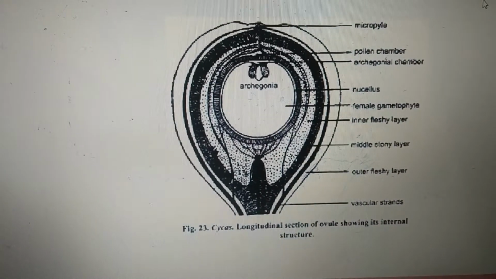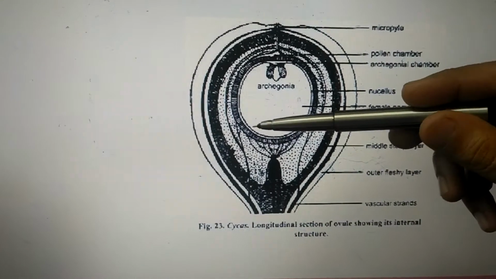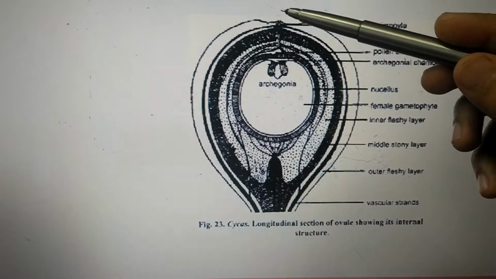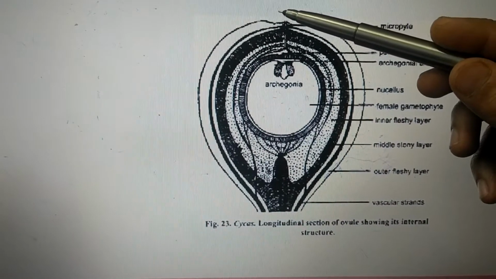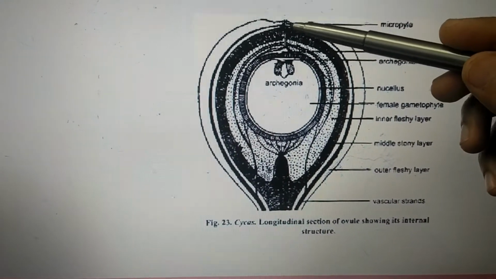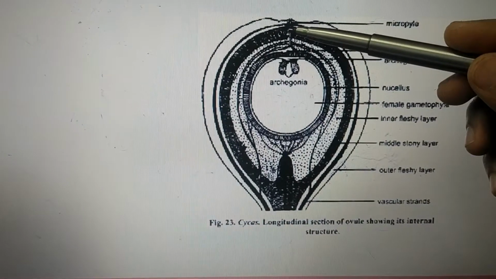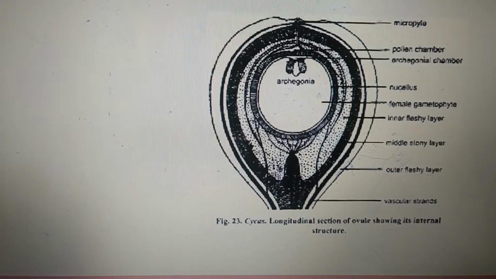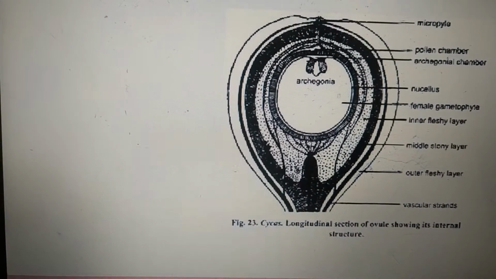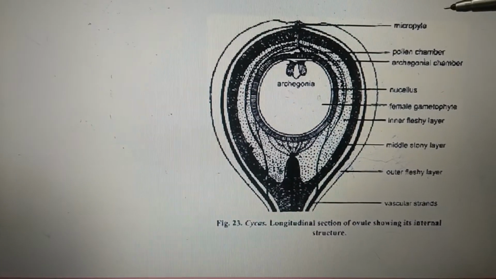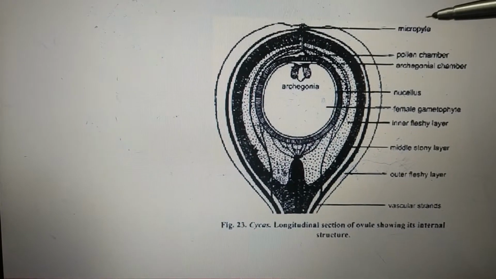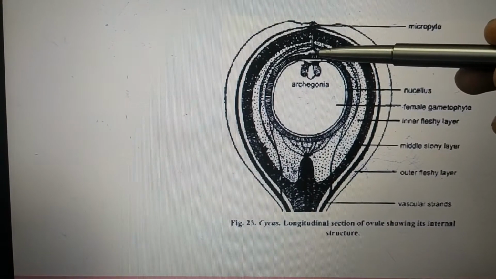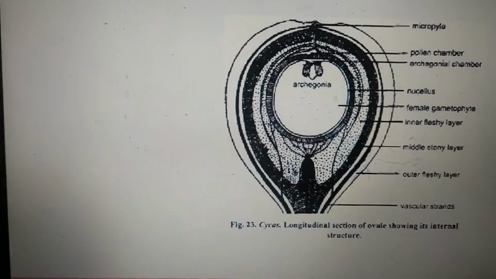The integument encloses all the nucellus except at one point, the micropyle. Just below the micropyle, the cells of the nucellus form a beak-like structure, which is not shown here. This beak-like structure dissolves and forms a cavity, and that cavity is called the pollen chamber, where the pollen grains rest when they enter this ovule.